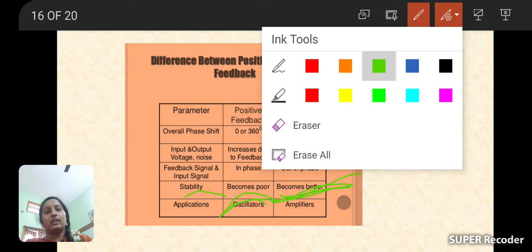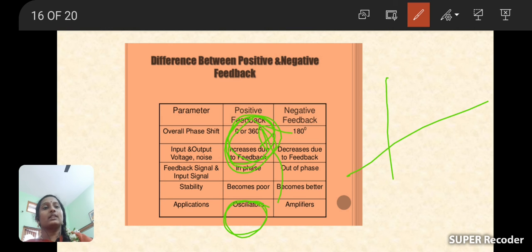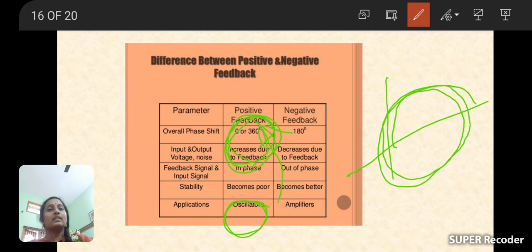Okay, and coming to the applications, oscillators are the applications of positive feedback. Why? Because it produces 360 degrees or 0 degrees phase shifting. This 0 or 360 degrees phase shift is used to provide the oscillations. Why? Because only a circuit having 360 degrees phase shift is able to produce oscillations.